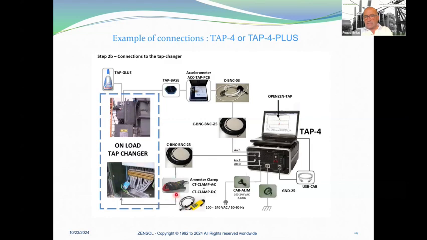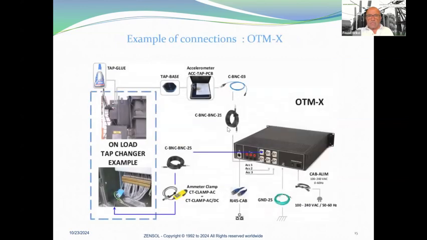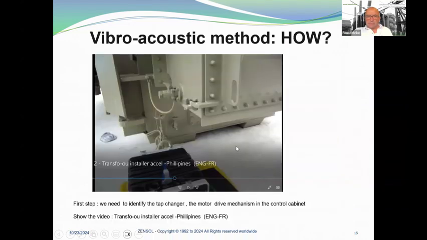Exactly the same for the current, AC or DC, and the connection between the Tap 4 and the computer is done through USB high speed. This system is also used for online monitoring of the tap changer on the transformer, with exactly the same connections.